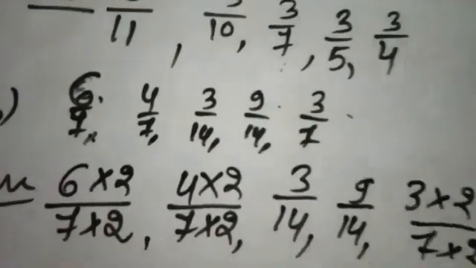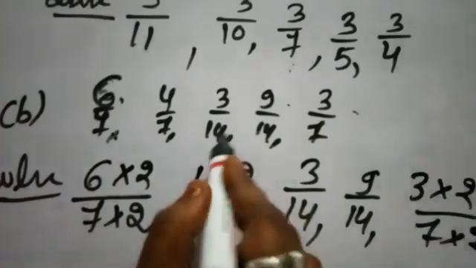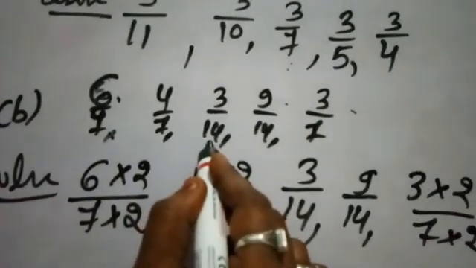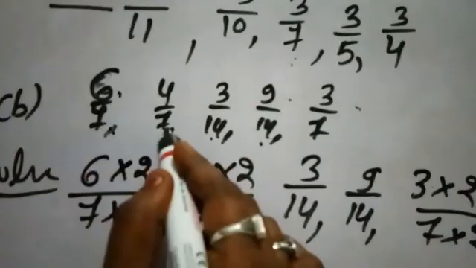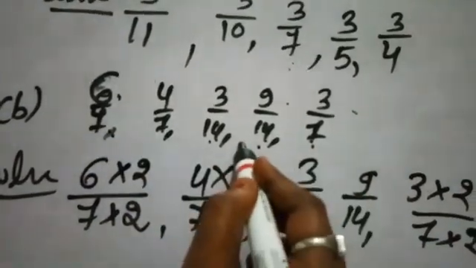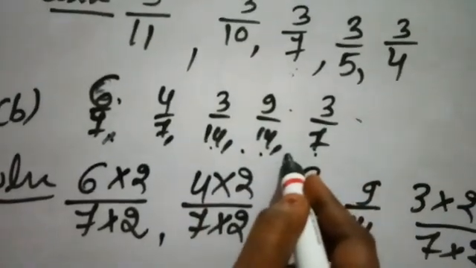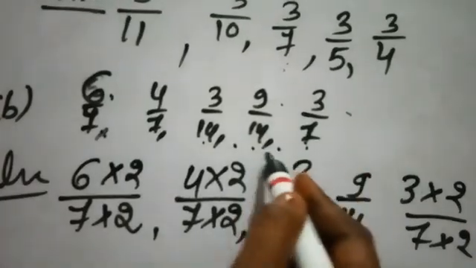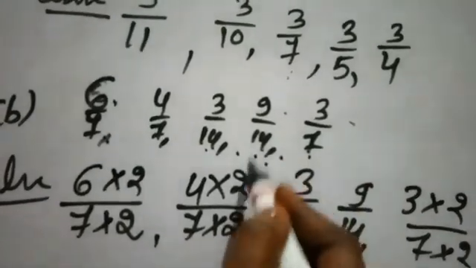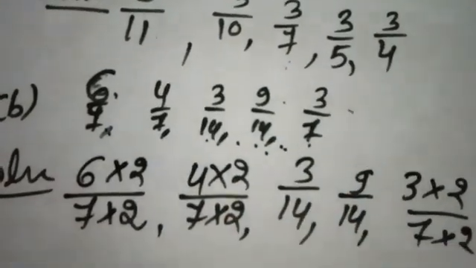Here one question is there: why do we multiply some fractions with 2? When we check the denominator, this is 14 and this is 14. Here three denominators are same, but they are different from two denominators. So we know when the denominators are same, we can arrange numbers in an easy way. So we have to convert the given denominators into the same denominator.